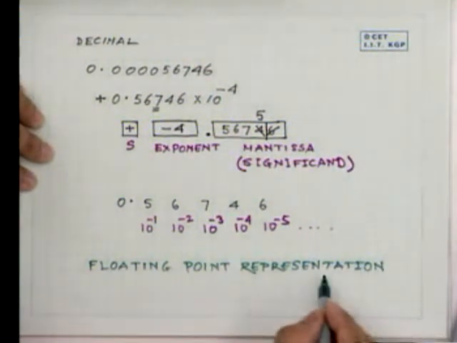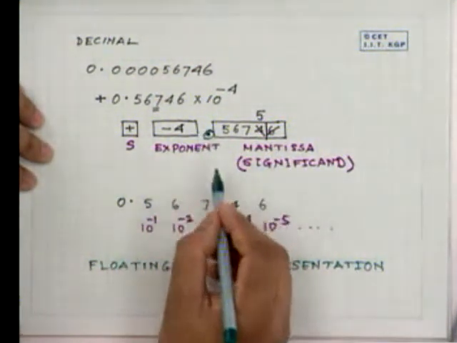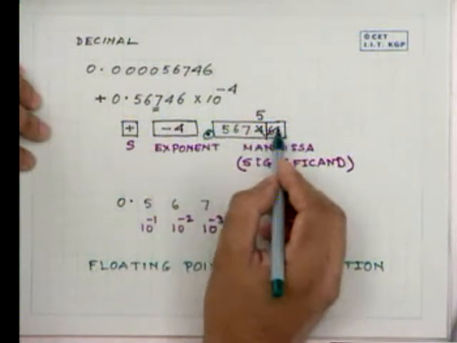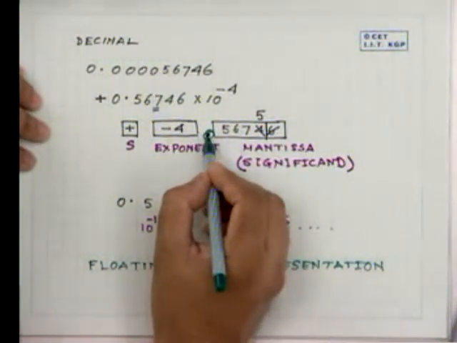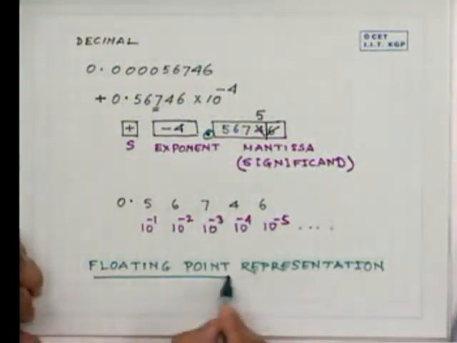We call this a floating point representation because the decimal point is slid as per convenience to a specific position. That is why we call this floating point.